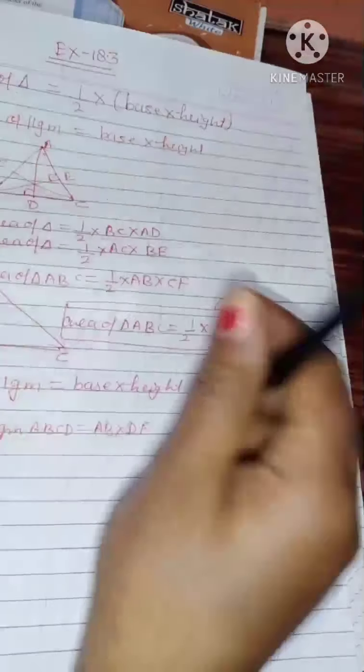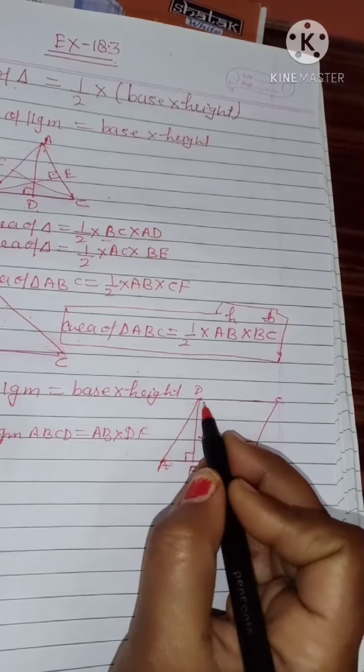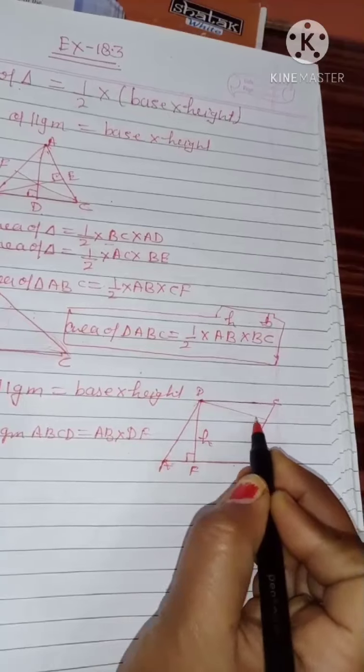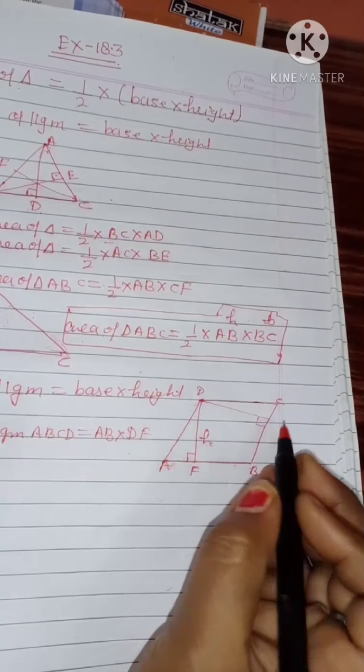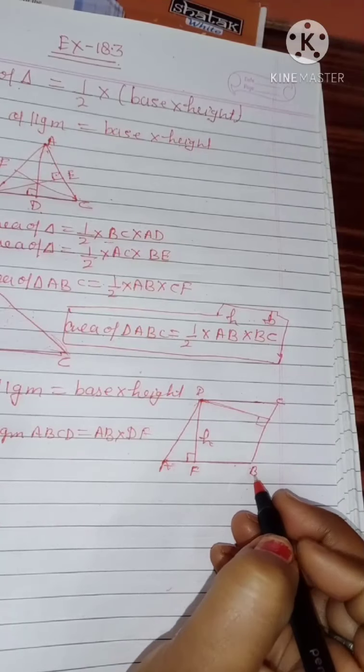Suppose from here also it is making 90 degrees, or a perpendicular. At that time how will you calculate its area?